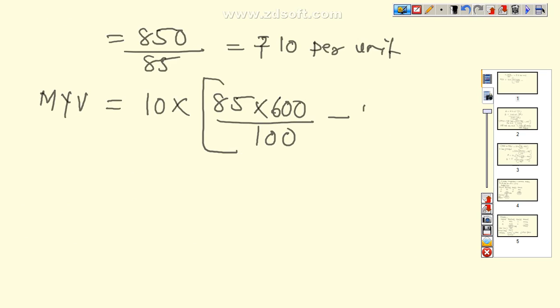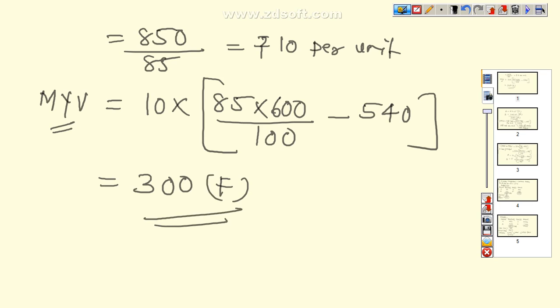So here we write 540. Calculate the answer, 300. If the answer is negative, here we write favorable in case of yield variance, because in yield variance we have to take the difference of production. So the answer is negative, so we write it here favorable.